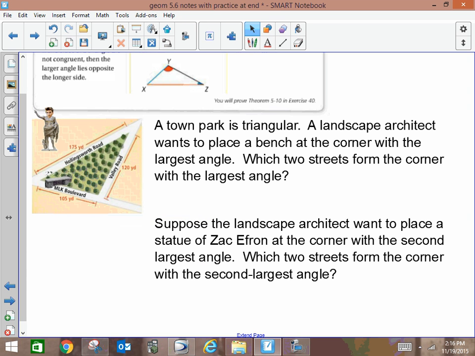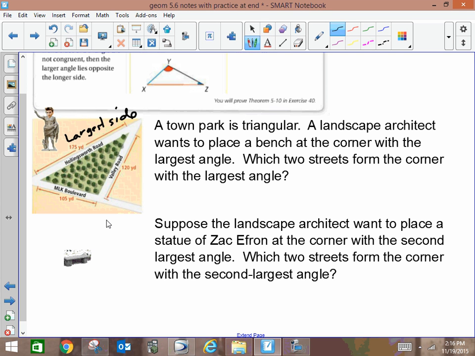Am I going to put it in this corner, or this corner? Largest angle, I'm looking for the largest side. I got 175, I got 105, I got 120. So here's my largest side. So what's my largest angle? Here we get it. Between MLK Boulevard and Valley Road is my bench.